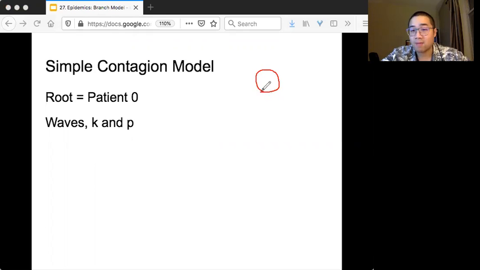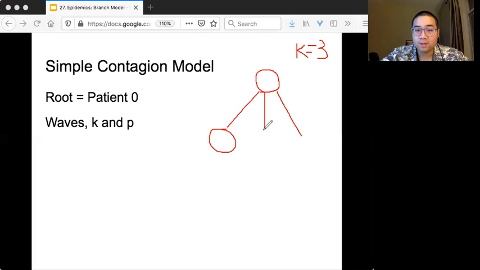What K means is that each person always contacts or interacts with K people. In this case, suppose K equals 3. So effectively you are building a tree, because each person will interact with 3 people, and so on and so forth.